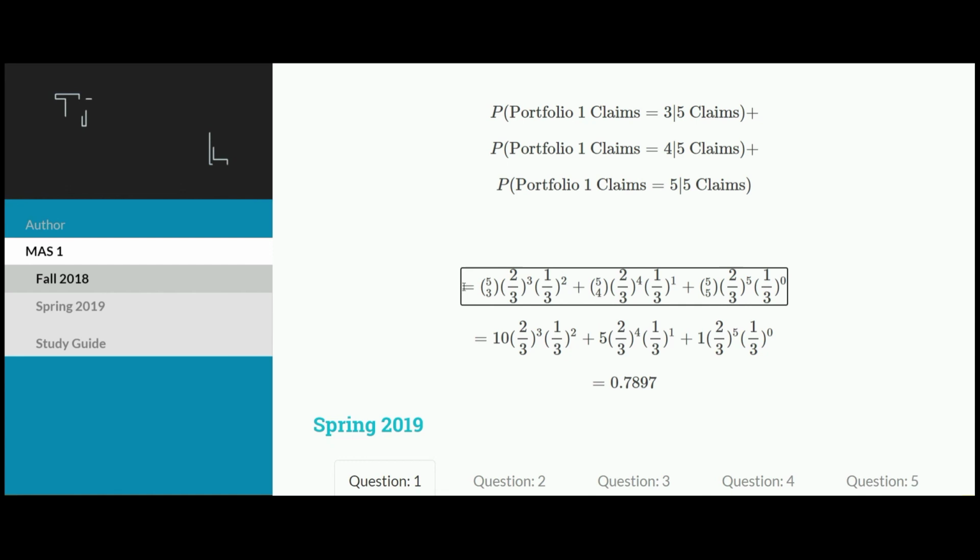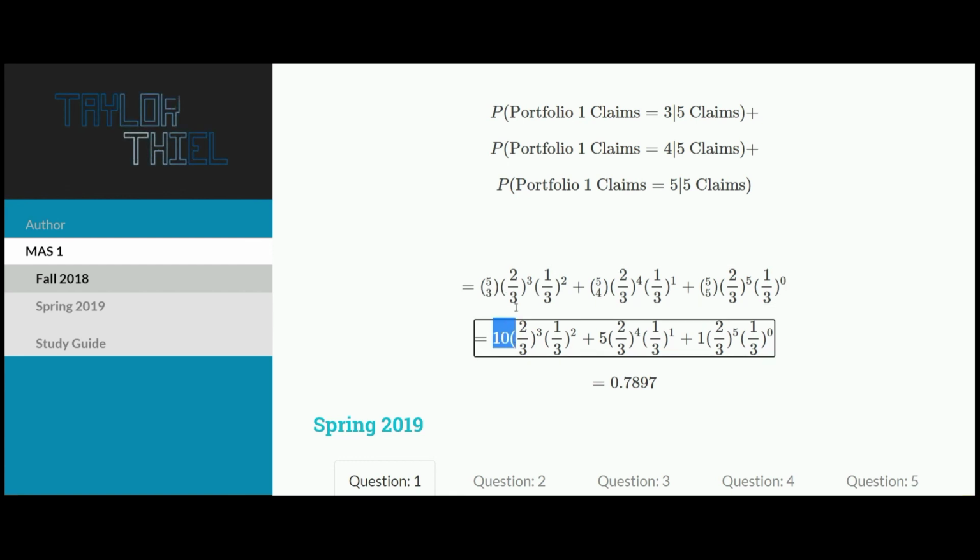That's what this 5 choose n is doing in the front. So we have 5 choose 3, and that ends up being 10 different ways of ordering the event where there are 3 claims from portfolio 1 and 2 claims from portfolio 2. And then over here, 5 choose 5, there's only one way where all 5 claims could have come from portfolio 1.